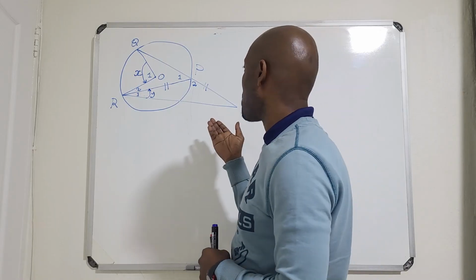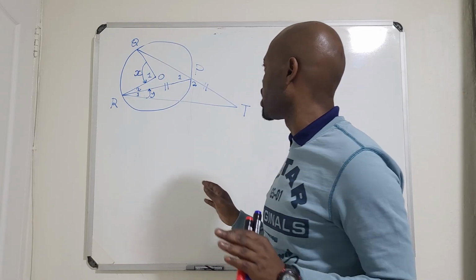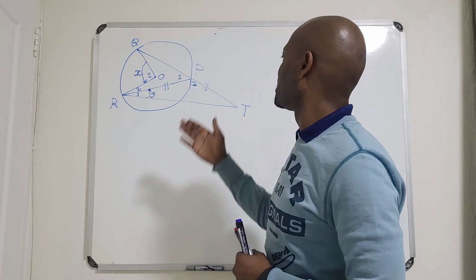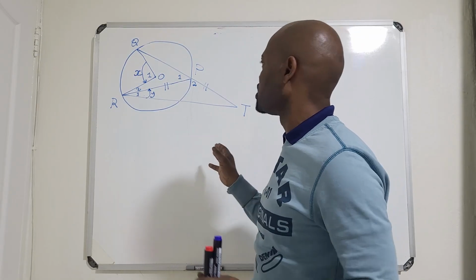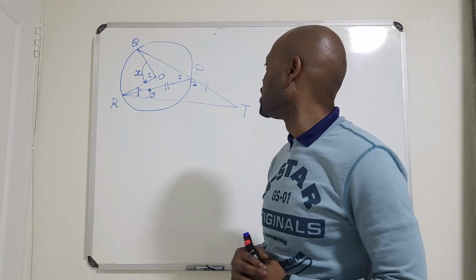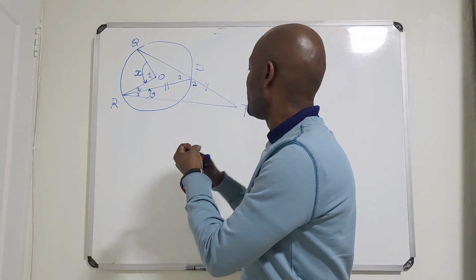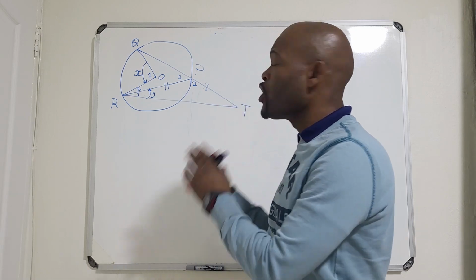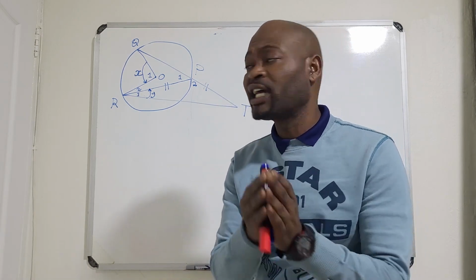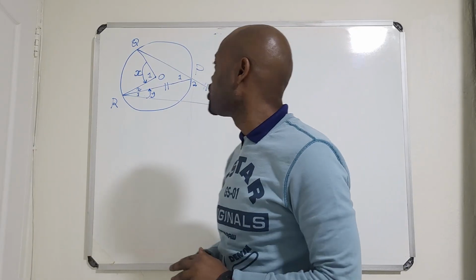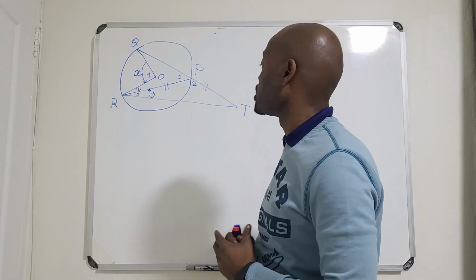Are there cyclic quadrilaterals here? No, they didn't talk about cyclic quadrilaterals. Are there tangents? No tangents in this problem. Now, since there are no tangents and no cyclic quadrilaterals, theorems on tangents and cyclic quadrilaterals are out. Now we can look at the theorems which are on chords.